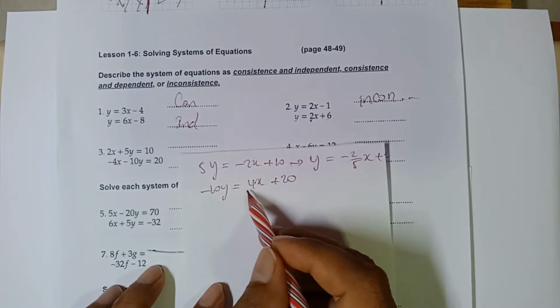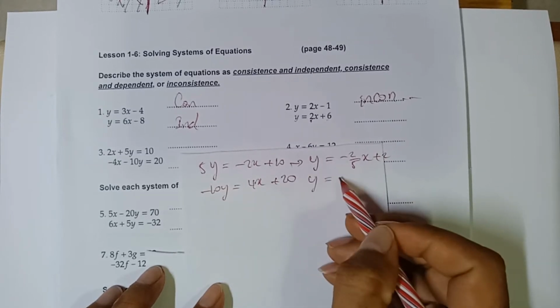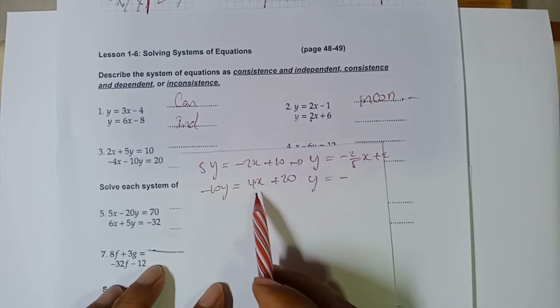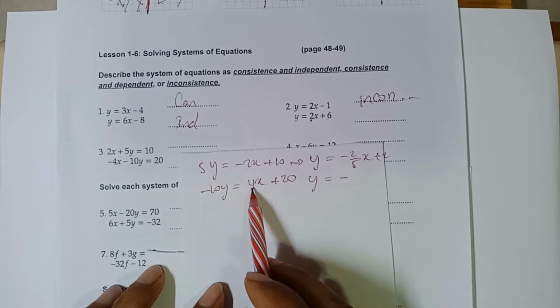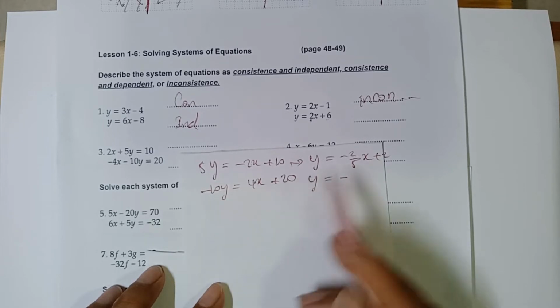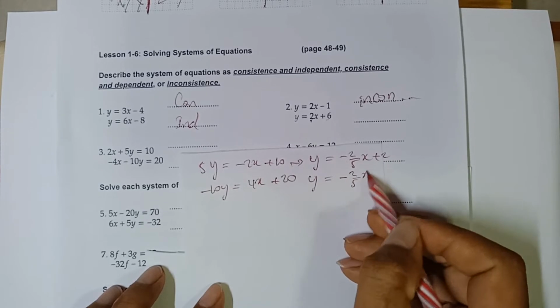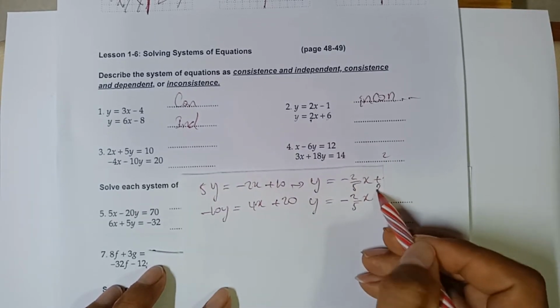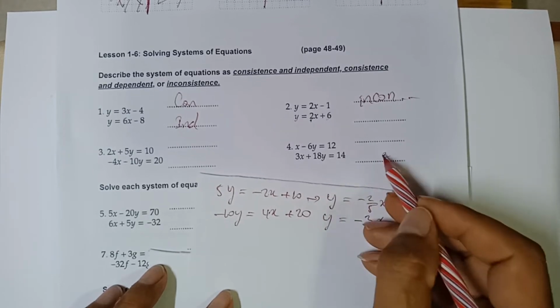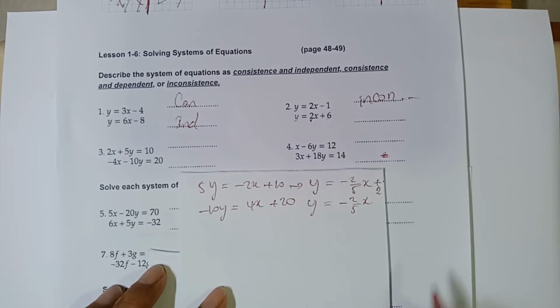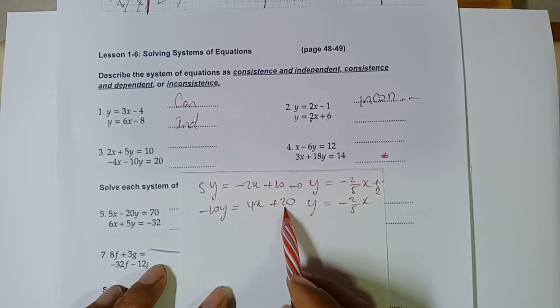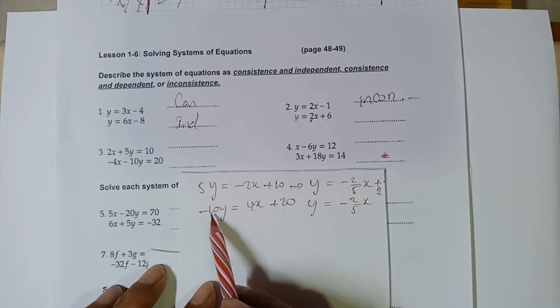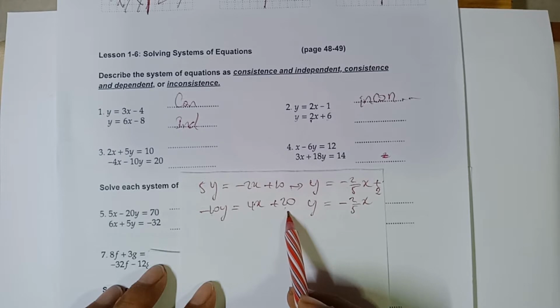And for this part, when you divide by negative 10, y equals negative 4 over 10, or negative 2 over 5 x, and 20 divided by negative 10 is negative 2.